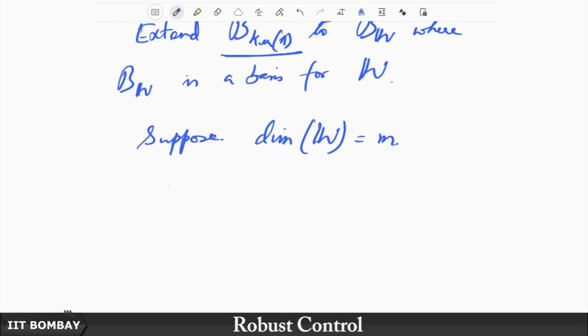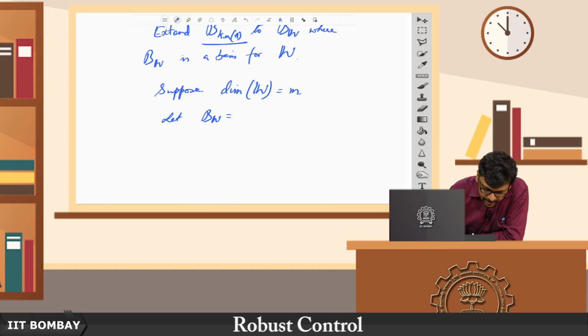So, therefore, let BW, what will it look like? Of course, the first few elements will be exactly the elements that you inherited from the basis for the kernel, and then you extend it W1, W2, how many?